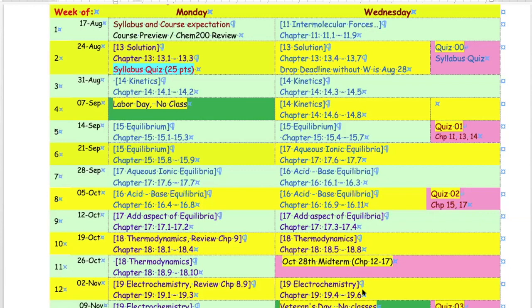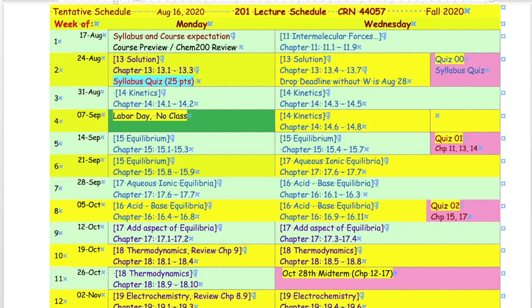After the midterm, we cover thermodynamics and electrochemistry. Electrochemistry is nothing more than electron transfer. Acid-base chemistry is about proton transfer. But electrochemistry is very related to thermodynamics. When you run a chemical reaction and it's spontaneous, it gives you electrochemical potential.